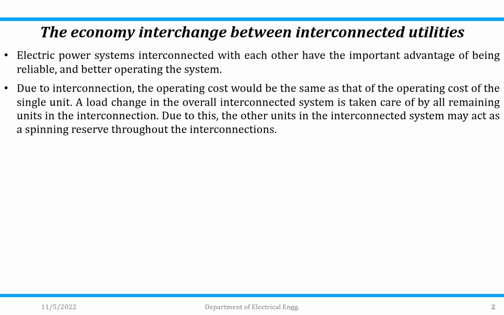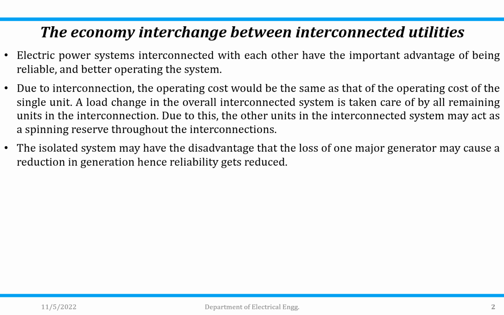The operating cost would be the same as that of the single unit. A load change in the overall interconnected system is taken care of by all the remaining units in the interconnected system, so there should not be any burden on any other unit or system. The other units in the interconnected system may act as a spinning reserve throughout the interconnection.